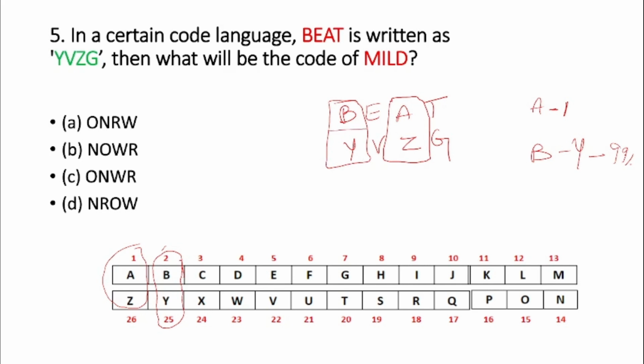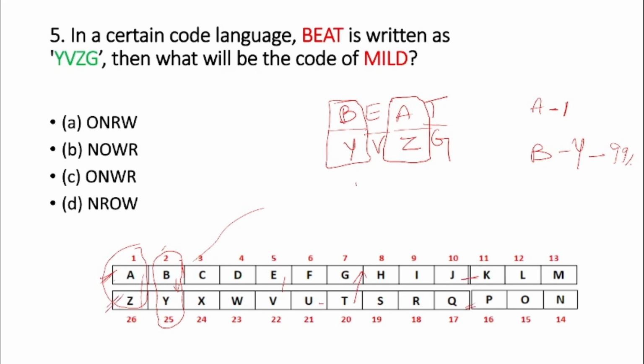B is coded as Y, E is coded as V, A is Z, and T became G. If the given letter is from the above row, we need to check the below row, and if it is in the below row, we have to check the above row.